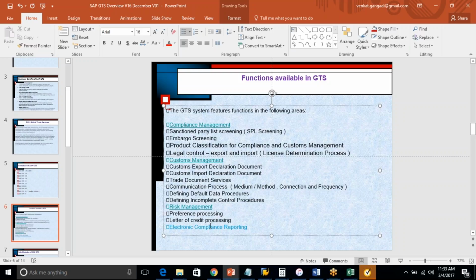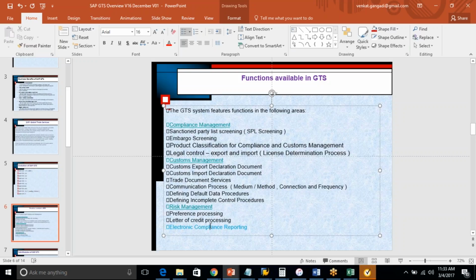So GTS initially did not consider it, but later, when it came to automatic declarations, the connecting part, with ECC foreign trade or ECC intra-stat declarations, you cannot connect the SAP ECC system to the customs authorities. If you want to submit intra-stat declarations using ECC, you cannot submit automatically to the customs authorities.